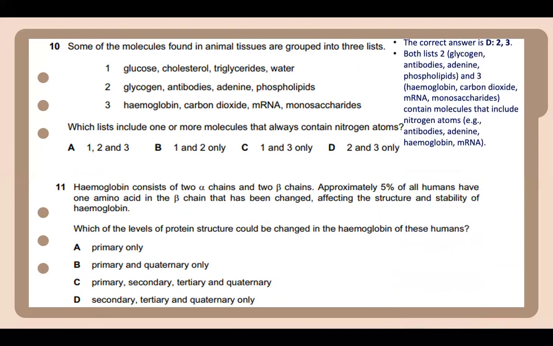The correct answer is glycogen, antibodies, adenine, phospholipids, and hemoglobin, carbon dioxide, mRNA, and monosaccharides. Both list 2 and list 3 contain molecules that include nitrogen atoms, for example antibodies, adenine, hemoglobin, mRNA.